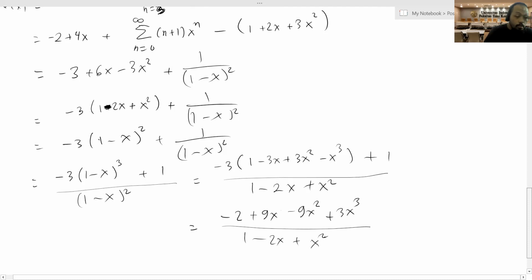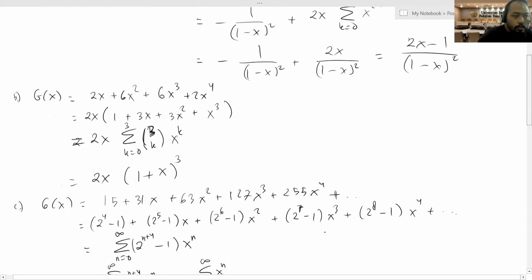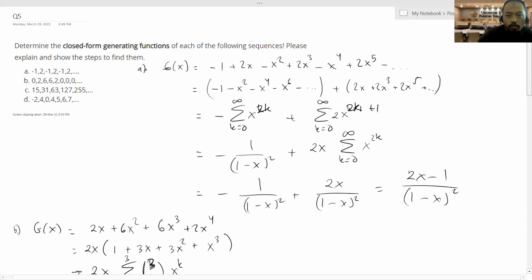So that's the closed form of the solution for part D. This concludes the solution to question number 5, and also the end of the post-class quiz for week 5. All right, thank you.